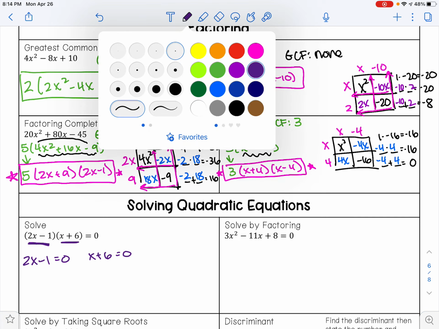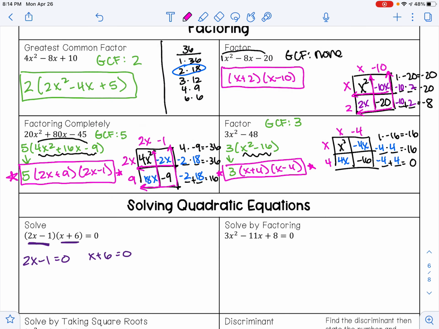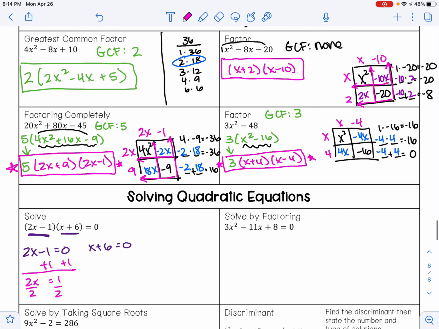And then from here, I can just solve each equation. To undo subtraction, I'll do addition and get 2x equals 1. To undo multiplication, I'll do division and get x equals 1/2. For this equation, to undo addition, I'll do subtraction and I'll get x equals negative 6.